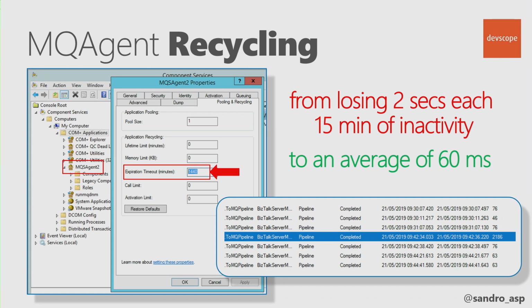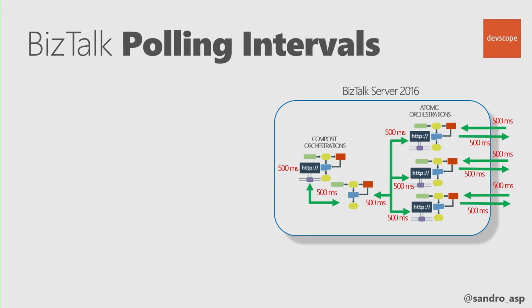Okay? So I gained like 2 seconds more. And so I went to all of these layers, removing recyclings. It was good. I gained a lot of performance, not reaching yet the 3 seconds.